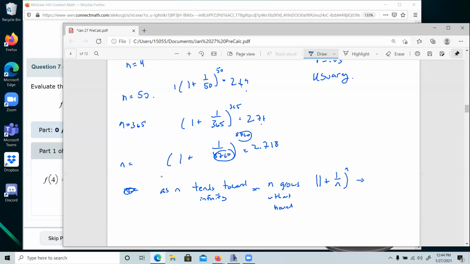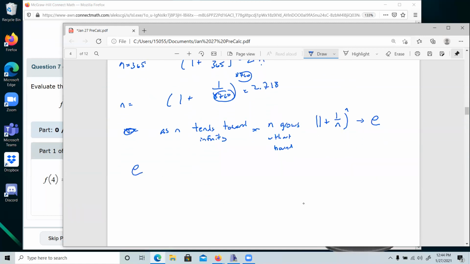This number, bigger and bigger and bigger, doesn't really get much past 2.7. This goes to e. That's how we get e. And e is approximately 2.71828182885, and then it goes on, kind of like pi. It doesn't repeat.